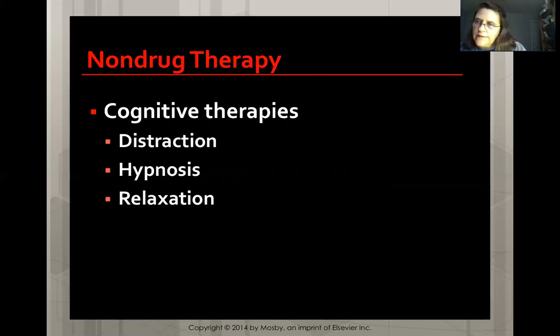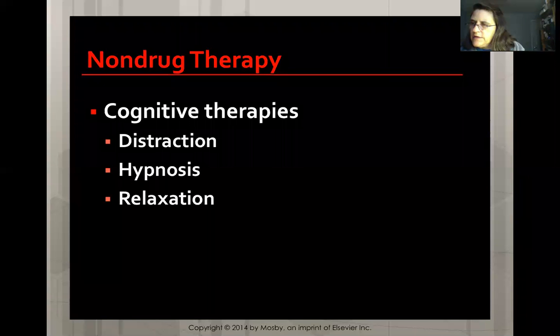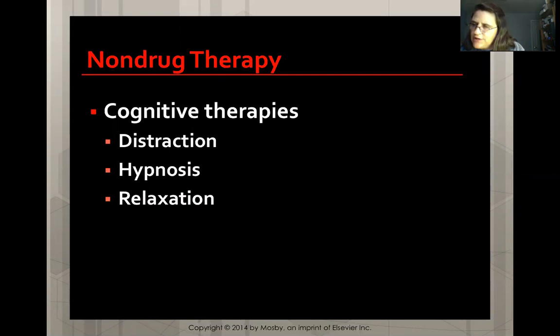Some of the cognitive therapies that we use: distraction therapy, which involves redirection of attention away from the pain onto something else; hypnosis, which alters the patient's pain perception; and relaxation strategies.